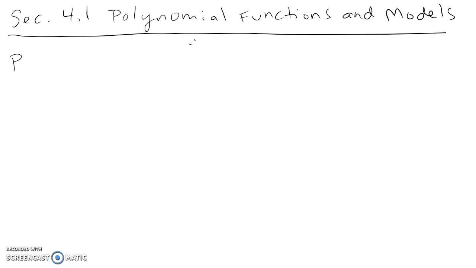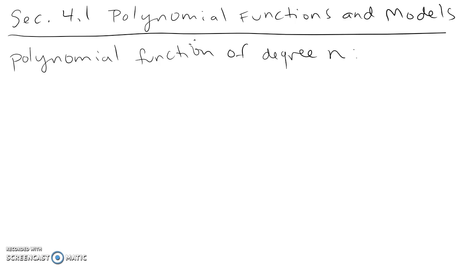Okay, I'm going to start with the definition of a polynomial function of degree n. It looks like this. It has a coefficient, a sub n, times x to some power n. Notice the degree n is the same as the degree of the polynomial.